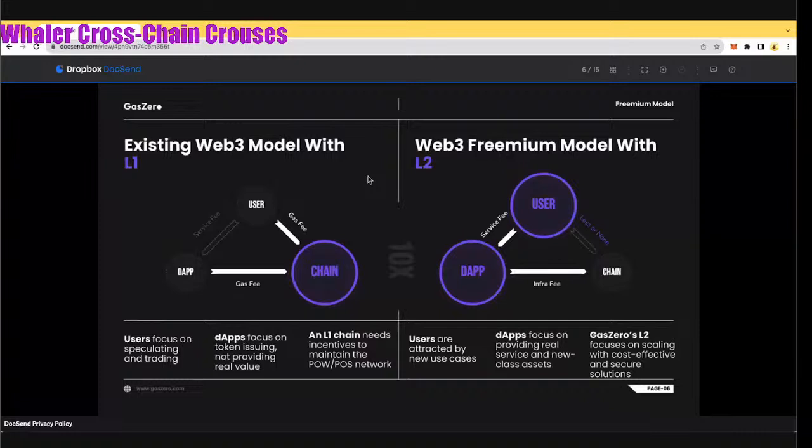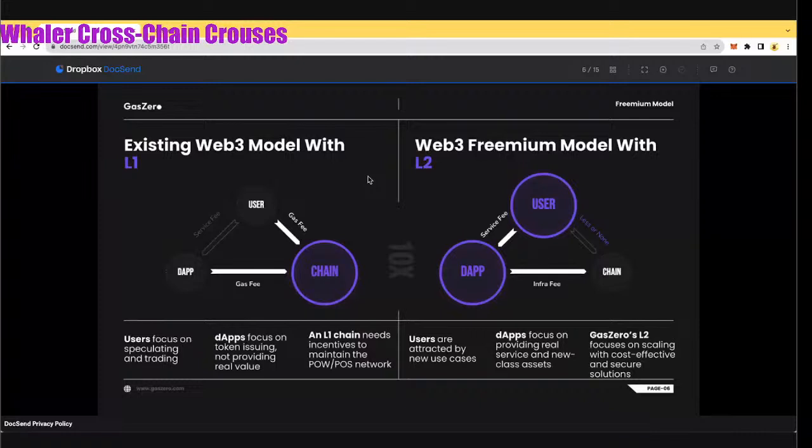We think this model does not work for the existing market, and it should be more democratized and less monopolized by the blockchain. If the user wants to come to the blockchain, they just pay a service fee for the dApp. They interact with the dApp itself, and the dApp pays infra fees, and users pay less gas fees or none. Less or none means not all users will have the zero-fees benefit.